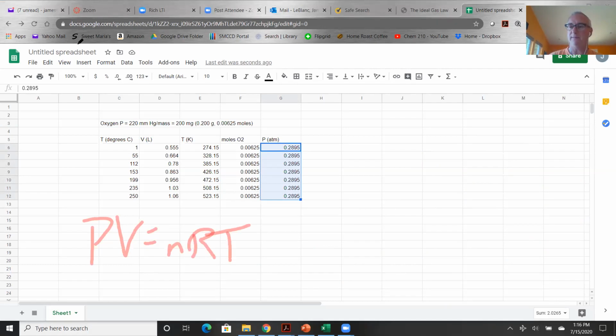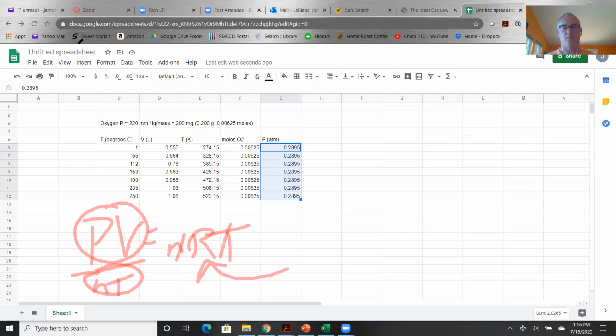And when we moved n and T over to get R, we found that PV divided by nT was going to get us what we're looking for. So what new columns am I going to put in there so that when I plot them, I get R? Moles times the temperature.